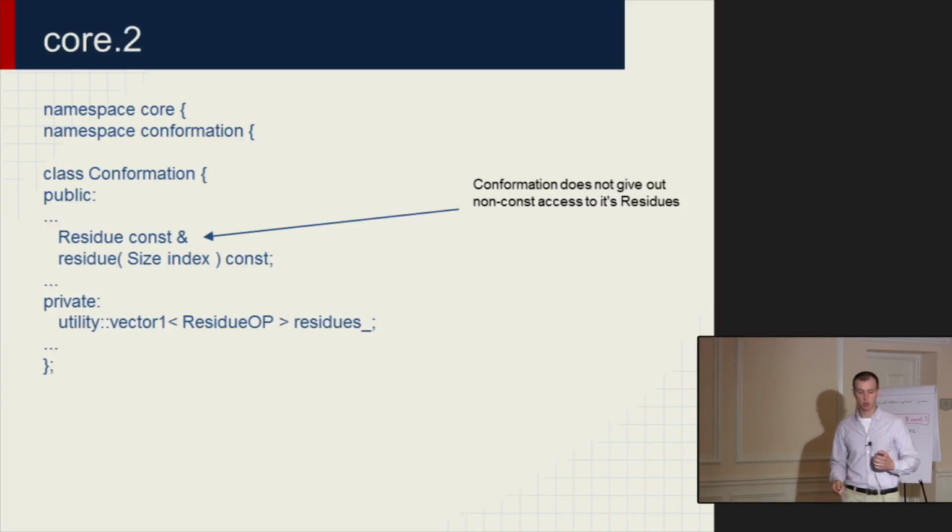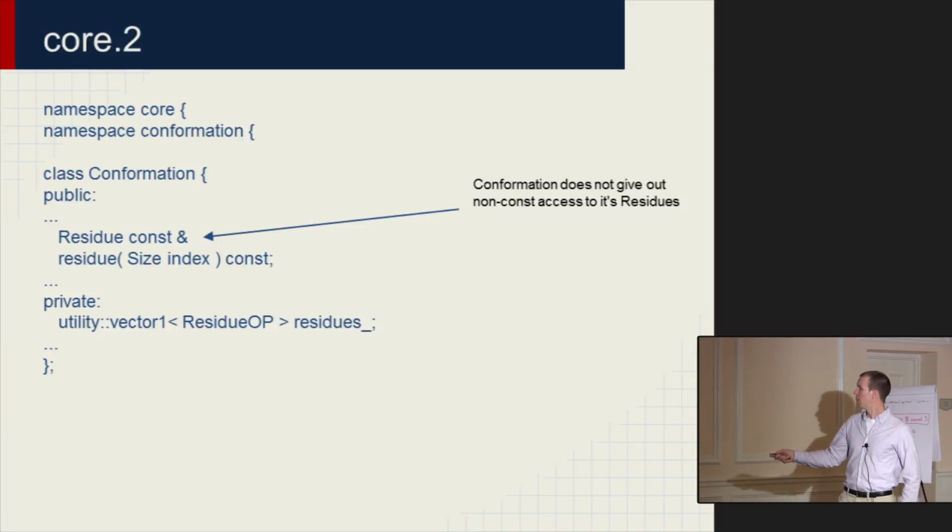Okay, so class Conformation, you can think of this as being the sum of a number of different things. It has a vector of residues. It has one residue object for every position in the structure. So if you have a 105 residue protein, then you're going to have 105 residue objects.